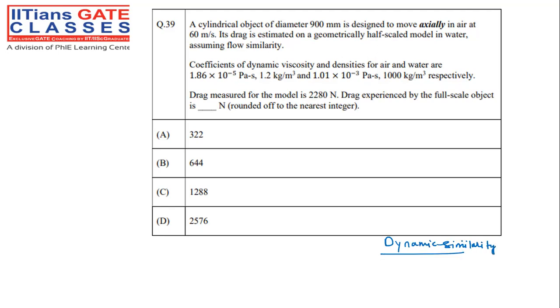What dynamic similarity is has been given in the course very beautifully. This similar problem has been asked two times before in the same aerospace paper, I think 2017 as well as 2018. They have given the properties of the fluids, air and water. They are asking: if the model drag force is given as 2280 Newton, what will be the drag force on the prototype?